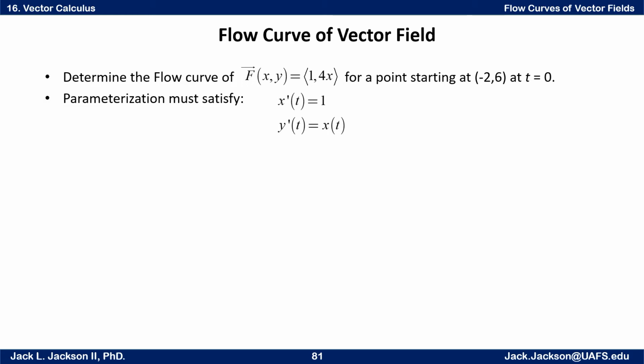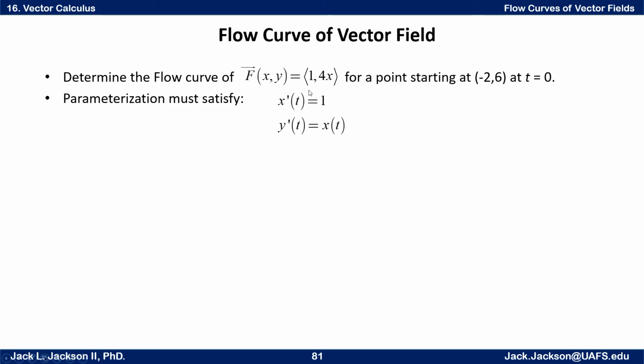So all the vectors in this vector field are going to the right one, but the amount that they go up or down depends on what x is. We're going to start with a point at -2, 6 at time t equals 0, and we're going to see where that particle would move as it goes through time.